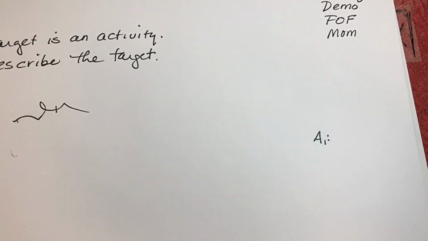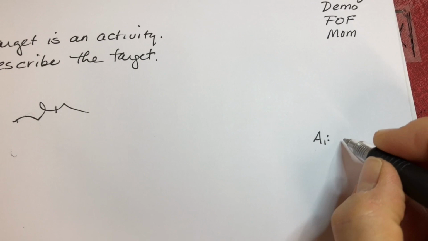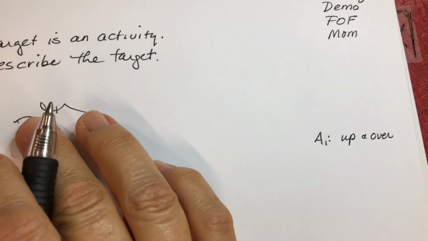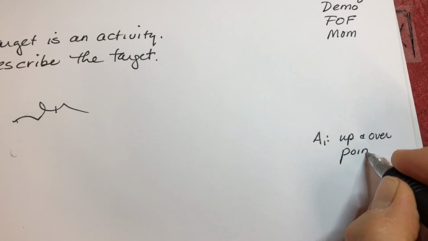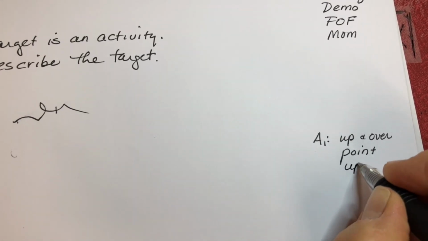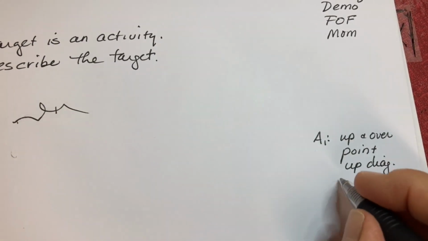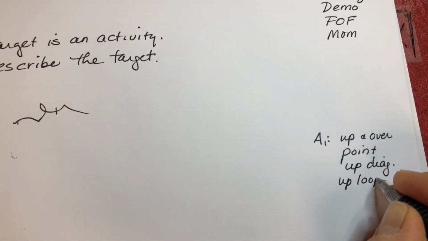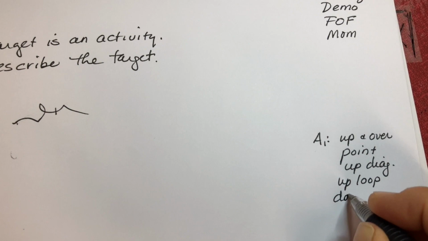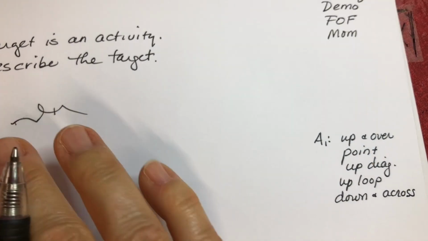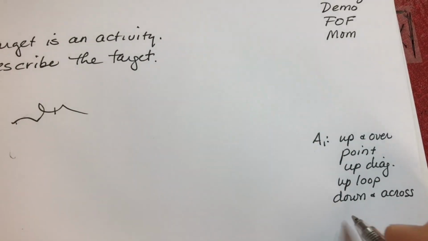So I'm going to say A1, it goes up and over to a point, and then up diagonally, up loop, down and across. And it feels smooth.